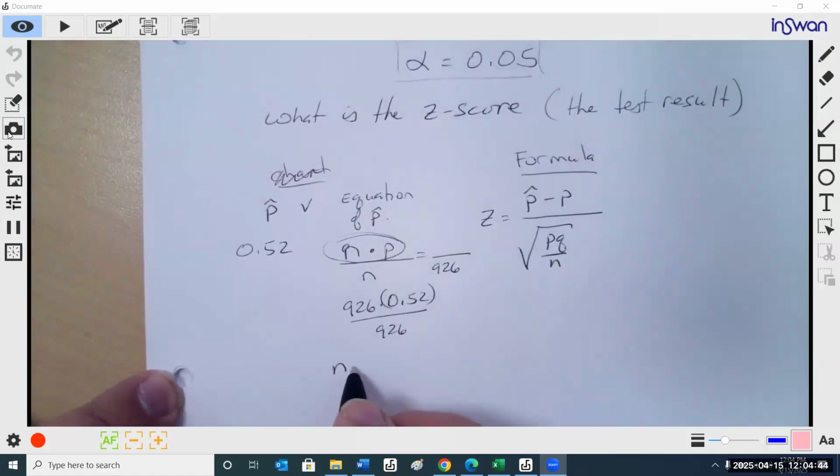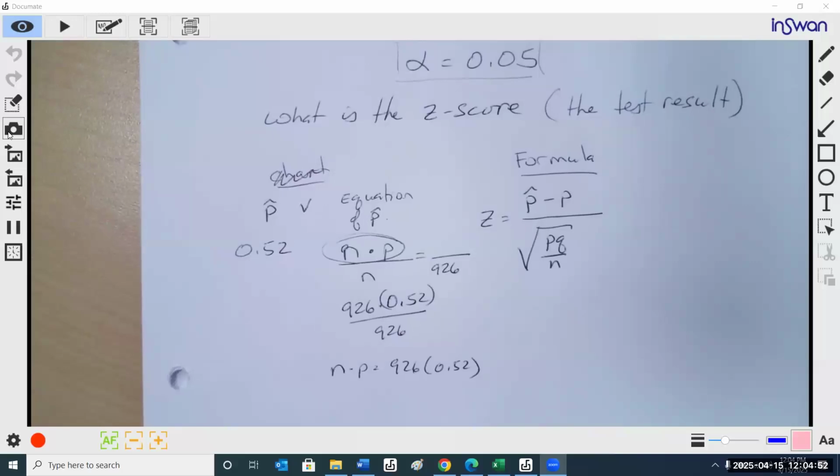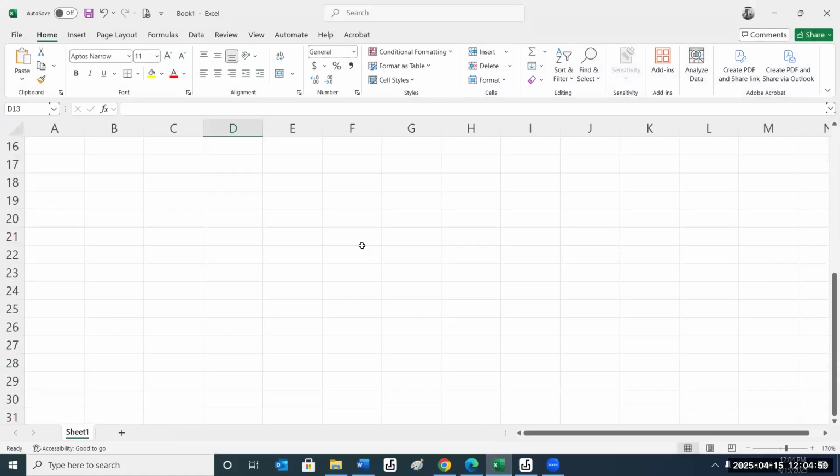N times p is 926 times 0.52. Calculate it out. That equals 482.